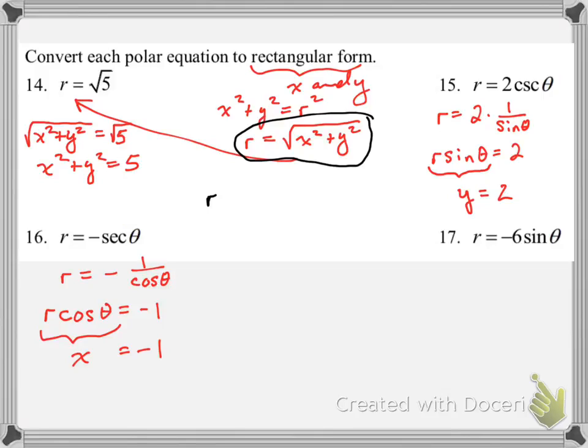And that's going to give us r over sine of theta is equal to -6.